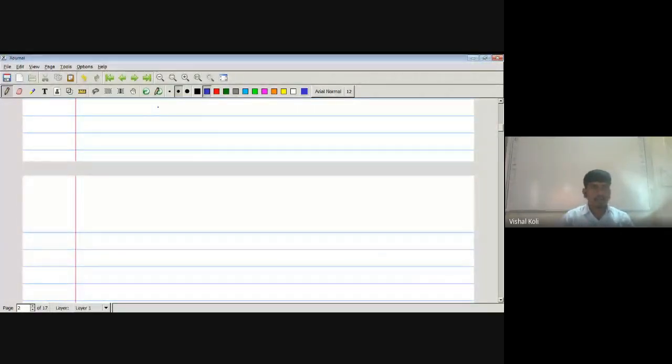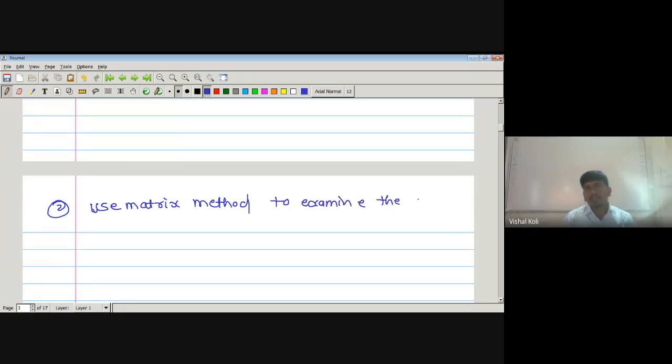Second example: use matrix method to examine the following system of equations for consistency and inconsistency.